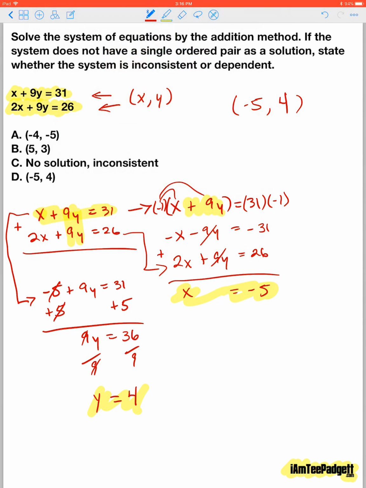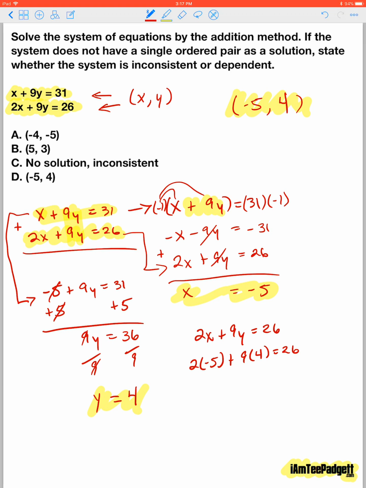To verify this, we come back to our second equation and plug in our x and y values to make sure they do indeed satisfy that equation. Working with our second equation, 2x plus 9y equals 26, we plug in what we have: 2 times -5 plus 9 times 4 equals 26.